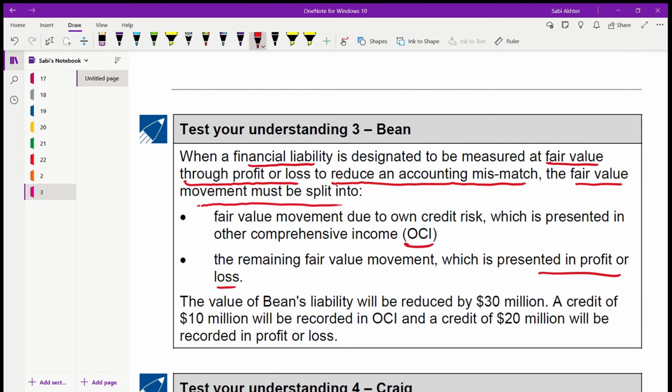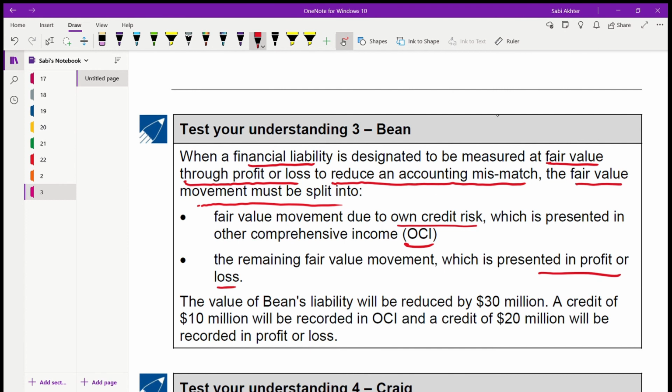Fair value movement due to own credit risk, if the fair value movement is due to own credit risk, that should be presented in OCI. The remaining fair value movement is presented in profit and loss. Okay, so now we'll explain this through figures, because I know that you people are good when I explain this through numbers rather than explaining through words.